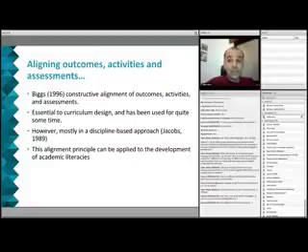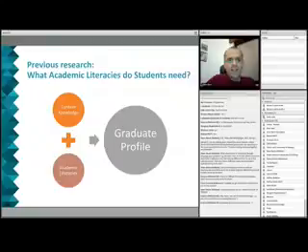It is also applicable to the development of academic literacies: what are the academic literacies that students need to master by the end of a specific program? What activities do we do, and how do we incorporate those in assessments? And that brings another point of reflection to the development of academic literacies.